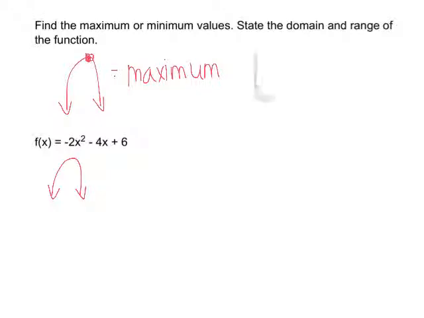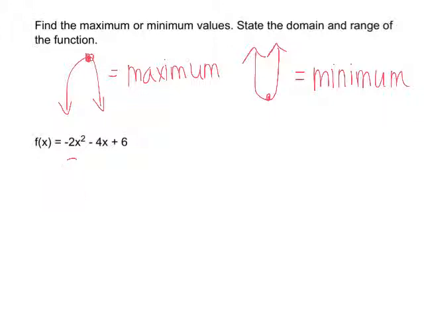And an upward parabola has a minimum vertex. So let's go ahead and apply this to what we already have. So if I have the function y equals negative 2x squared minus 4x plus 6, I'm going to find what that maximum value is.